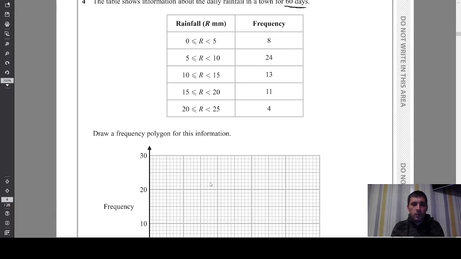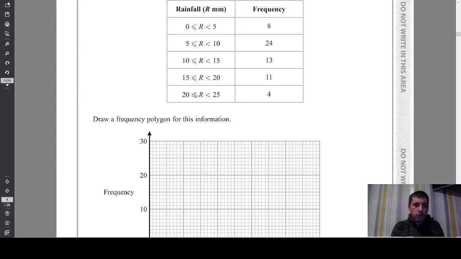So we've got 8 occasions of rainfall being between 0 to 5. We've got 24, so one of the most common occasions of rainfall is between 5 and 10, and so on.